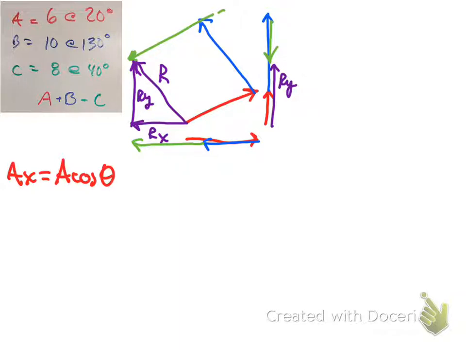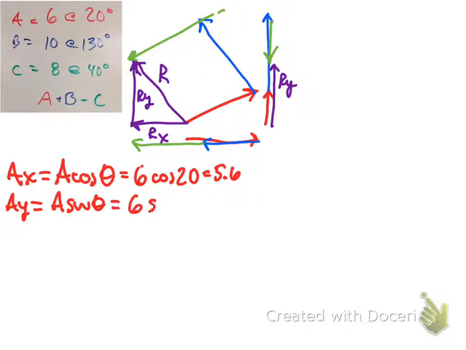So AX is A cosine theta, where A is 6, and then we do the cosine, and the angle is 20, and that's going to give us 5.6. AY is A sine theta, which again is 6 and 20, but now we're doing sine, and that gives us 2.